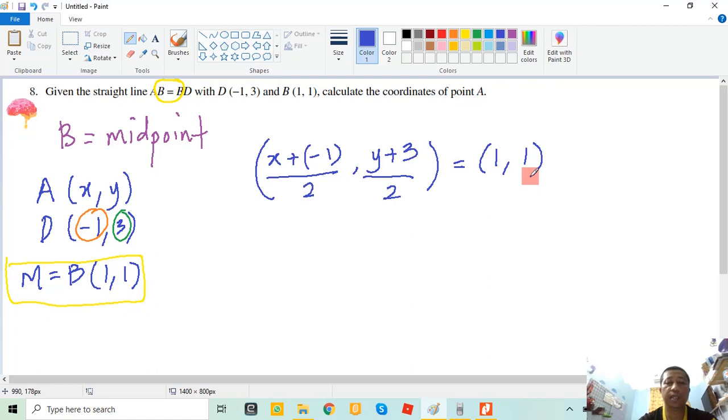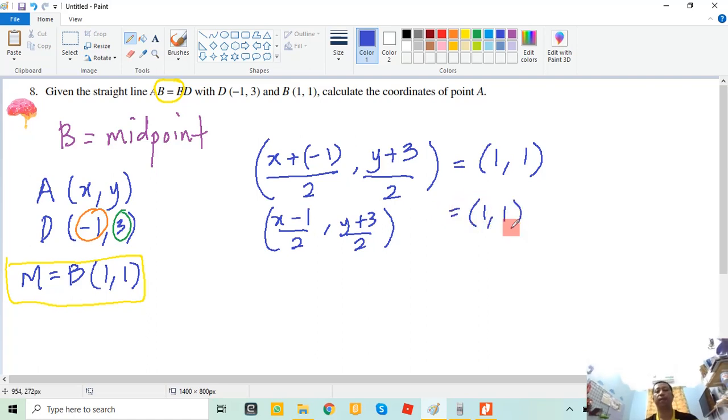So we can write again here. x plus negative 1, which is x minus 1, divide by 2, comma, y plus 3, divide by 2, and this is equal to (1, 1). Now we compare. x minus 1 over 2 is equal to 1.